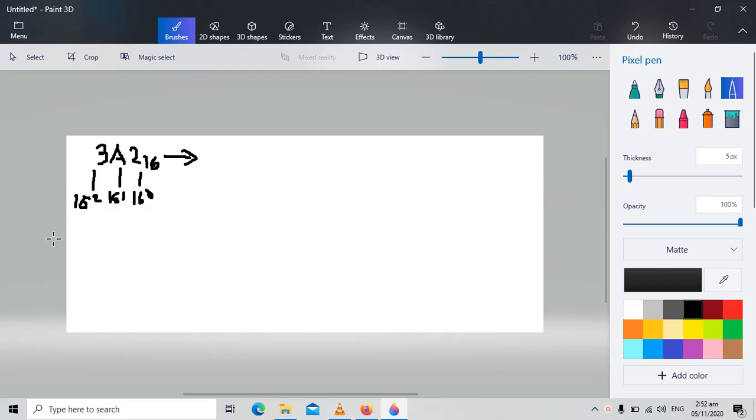Alright, we need to solve them again. So 3 times 16 to the power of 2 plus, remember, letter A is equivalent to the number 10, 10 times 16 to the power of 1 and 2 times 16 to the power of 0.